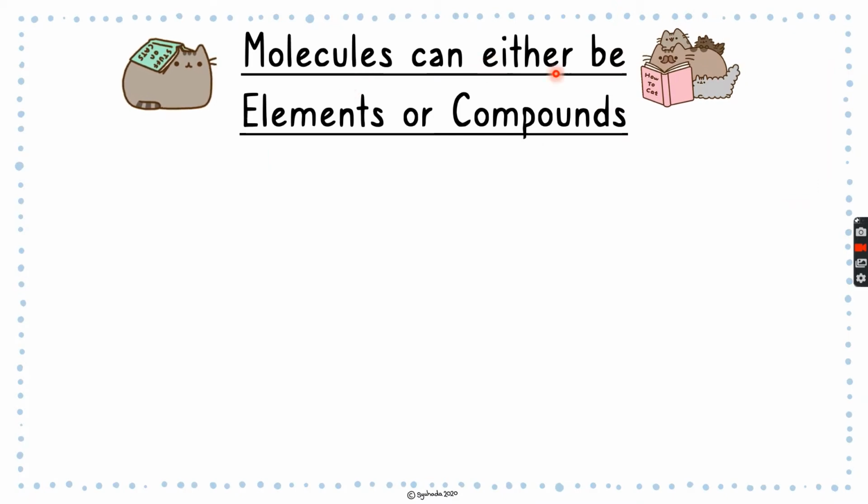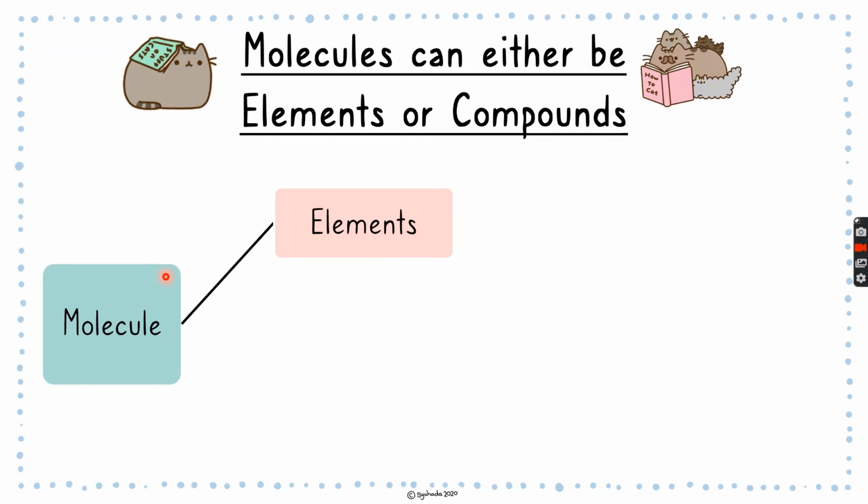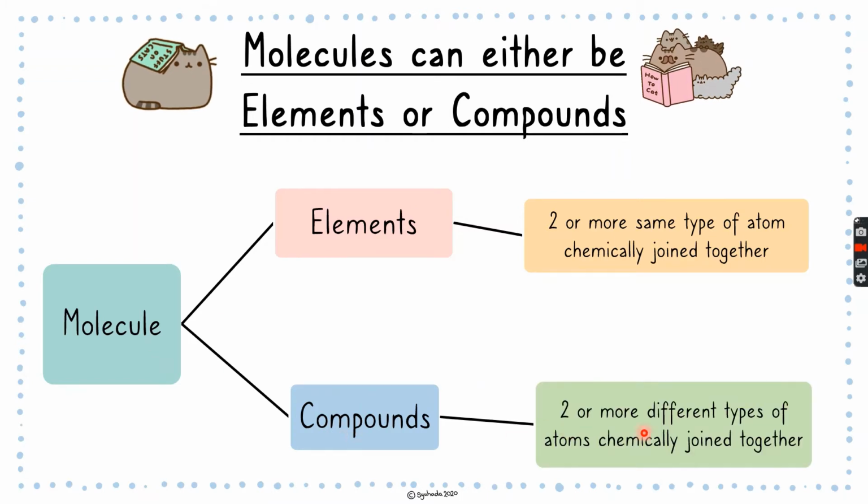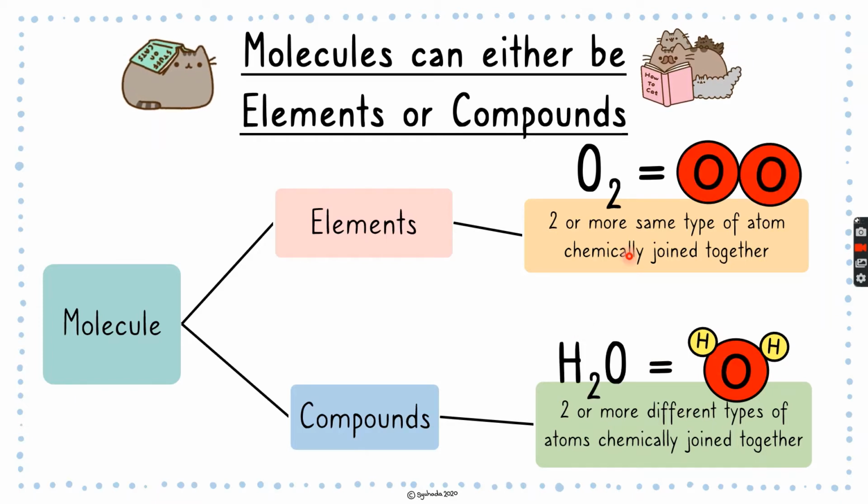Molecules can either be elements or compounds. A molecule can be an element kind of molecule, and this means that you have two or more of the same type of atom chemically joined together. A molecule can also be a compound, which is when you have two or more different types of atoms chemically joined together. An example of a compound is water, and an example of an element is oxygen.